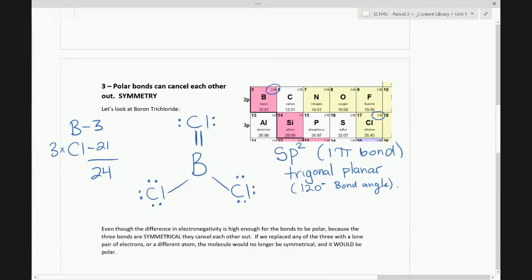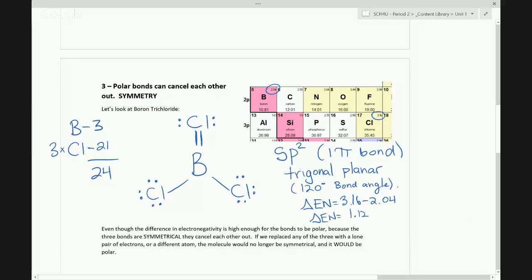And really quickly, we want to look and see that these bonds are polar. The difference in electronegativity is 3.16 minus 2.04, and that works out to 1.12.